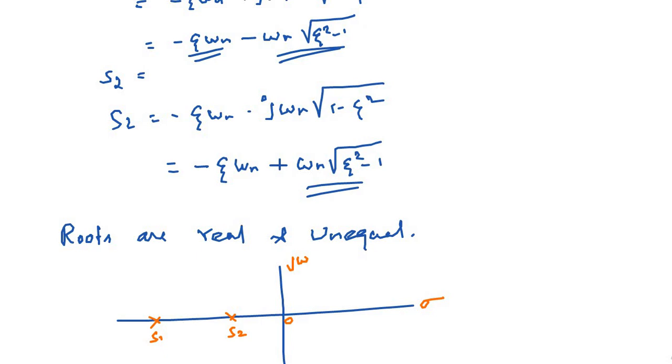Okay. So now, based on the zeta value, second order systems are classified into 4 types, or 4 groups. Instead of types I will say groups. Only second order systems are like this.